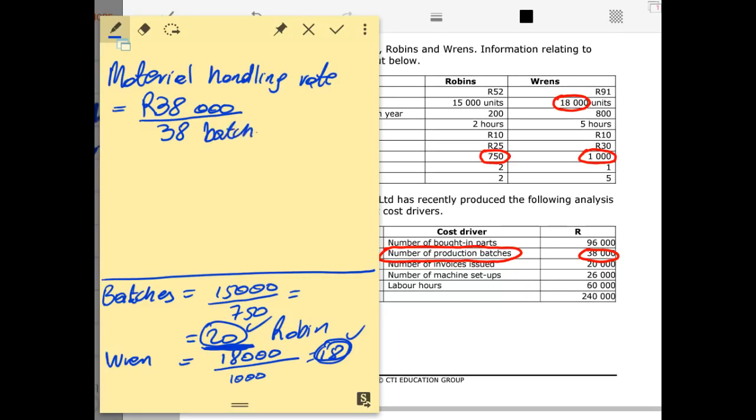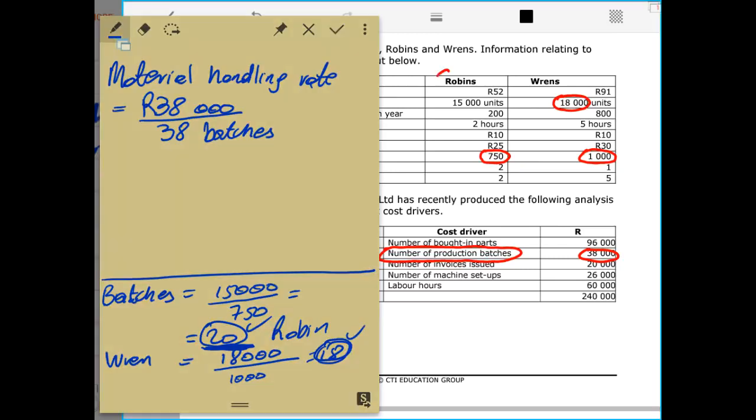I want to highlight that it's 38 batches, and in the case of Robin, each batch has 750 units, and here each batch has 1000 units. And in this case there were 18 batches that were made, and here there are 20 batches that were made, and each batch is 750 and 1000 for Ruben and Ren.